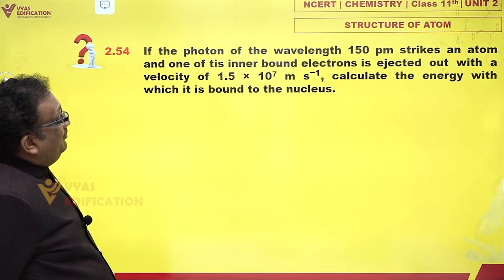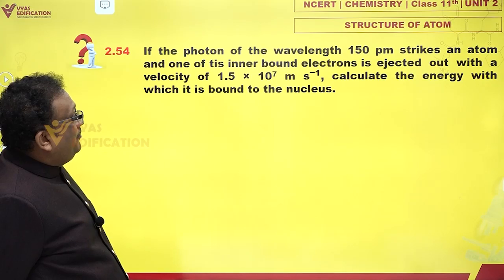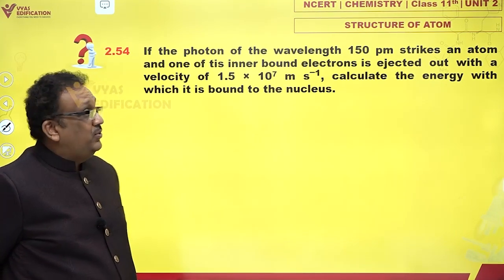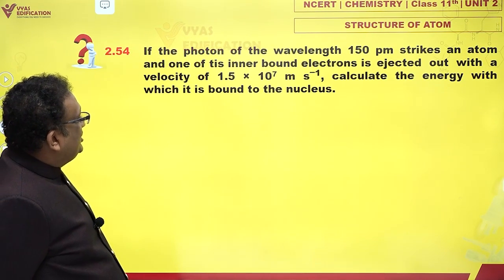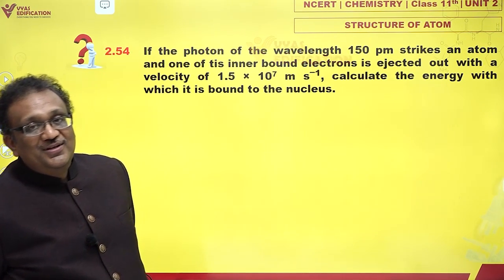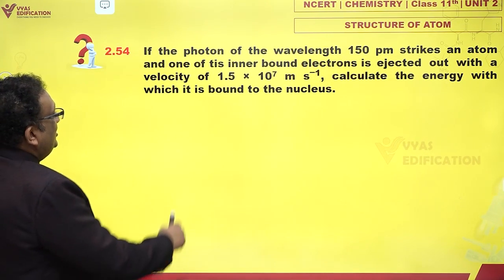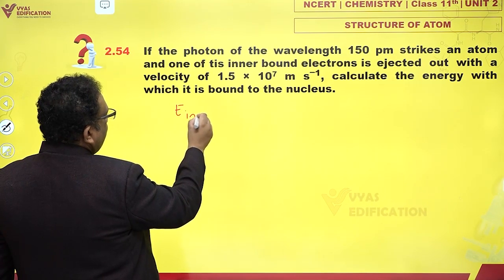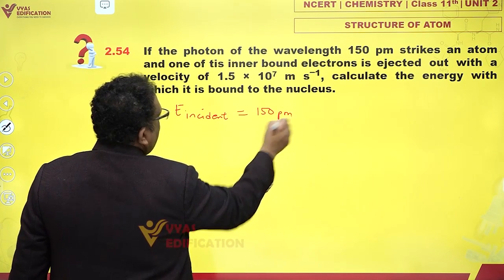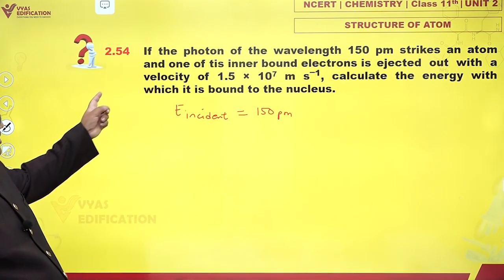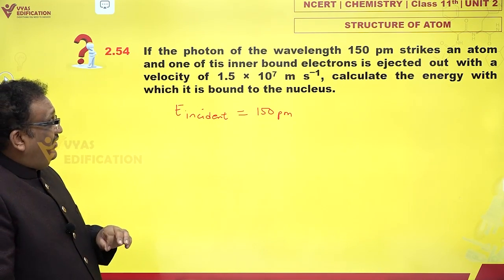If a photon of wavelength 150 picometer strikes an atom and one of its inner bound electrons is ejected out, not a surface one, with a velocity of so much, calculate the energy with which it is bound to the nucleus. Well, very interesting. I have the energy of incident radiation, wavelength 150 picometer, and it is striking not a crystal but just an atom, fine.